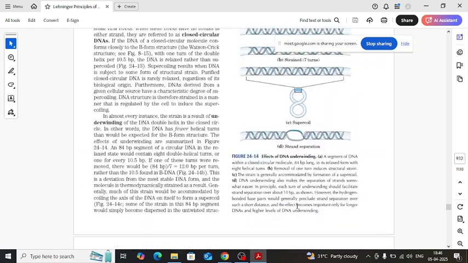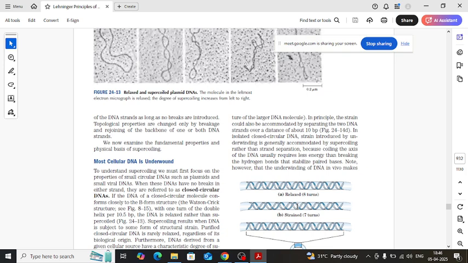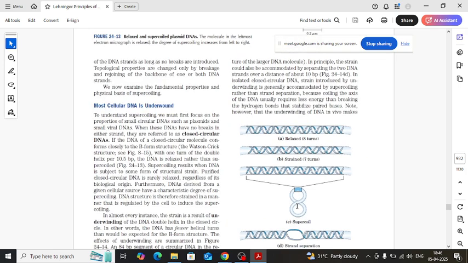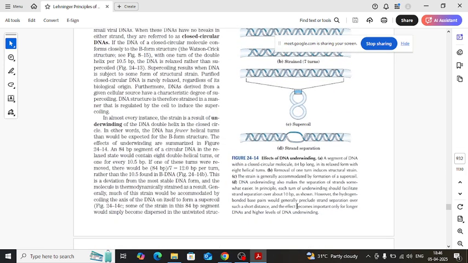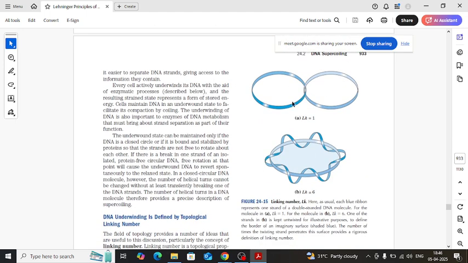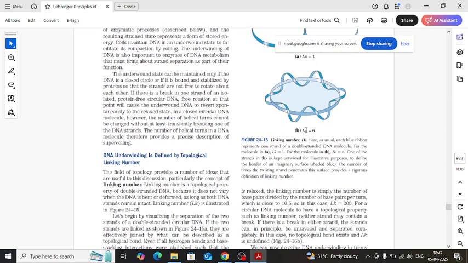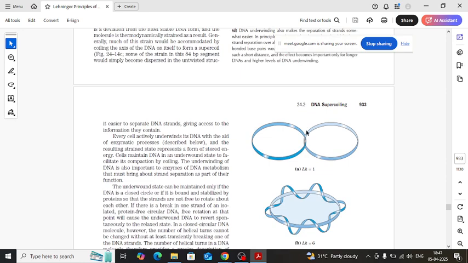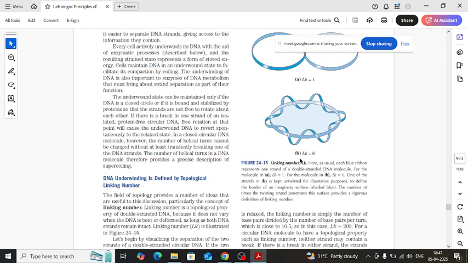Now we will introduce a new term, linking number, which is used to understand the degree of supercoiling. If one strand passes over the second strand one time, then the linking number is 1.